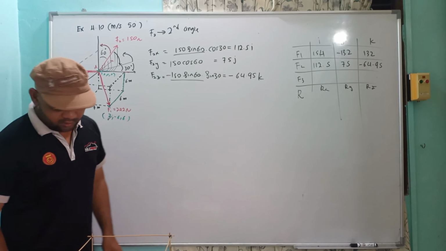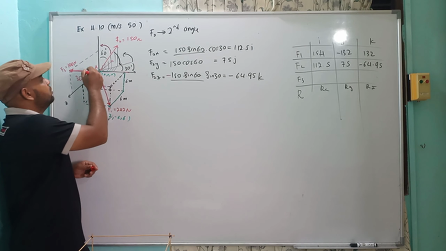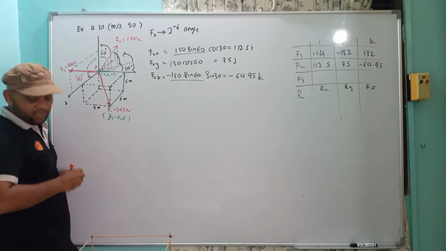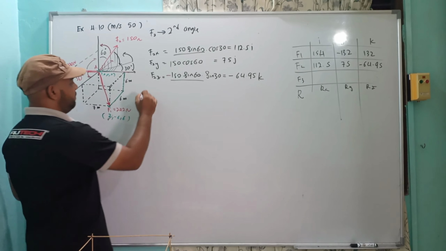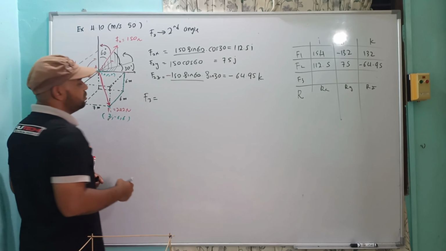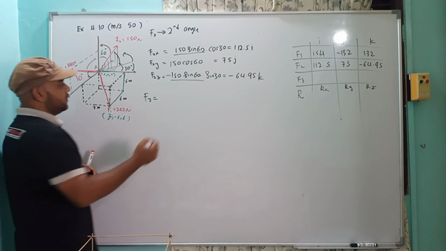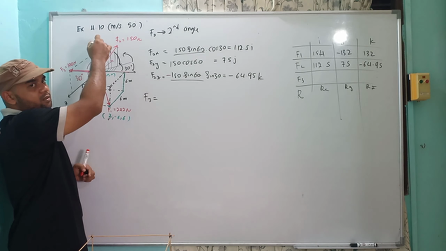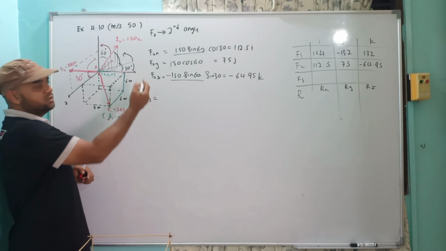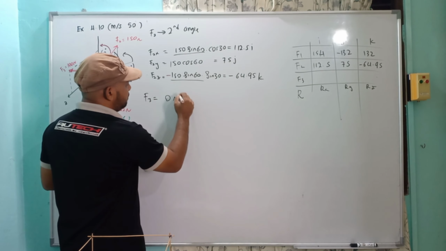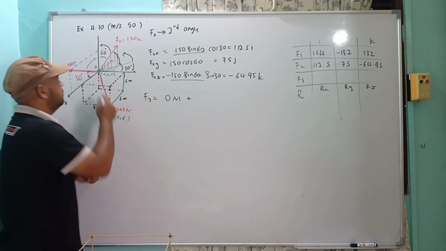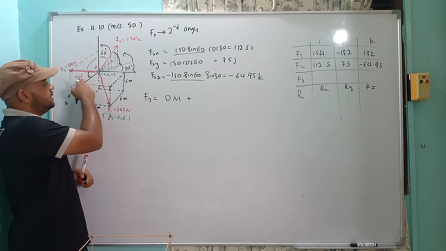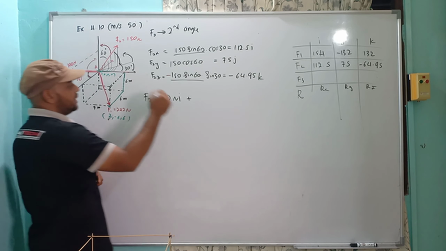So now I want to resolve that one. One goes to this one and the other goes to this one, and both are positive. So F3 equal to, you resolve into that. This one involves Z and Y, so x equal to 0. So 0 Newton I plus Y. I'm using 30 degrees to the Z, so Z will be cos and this one will be sine.